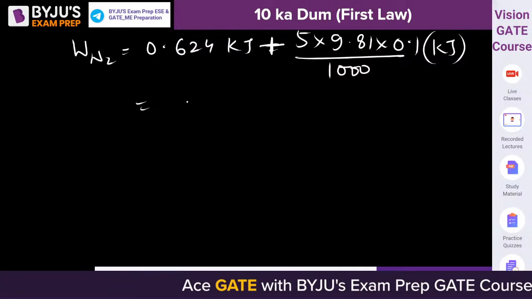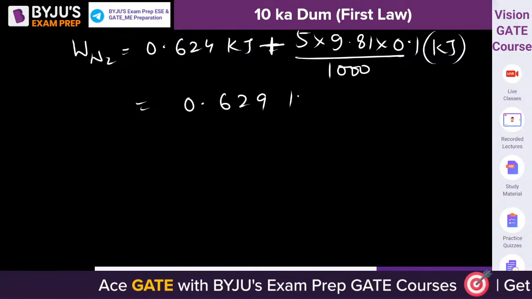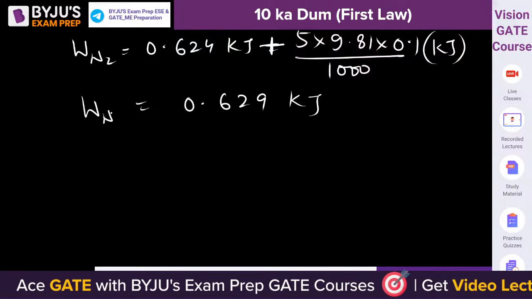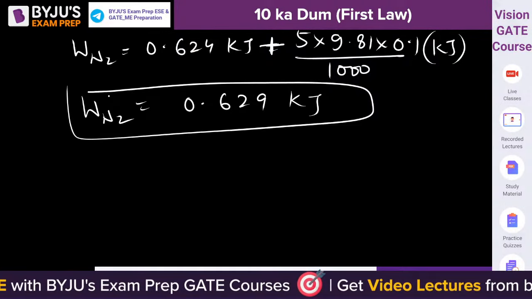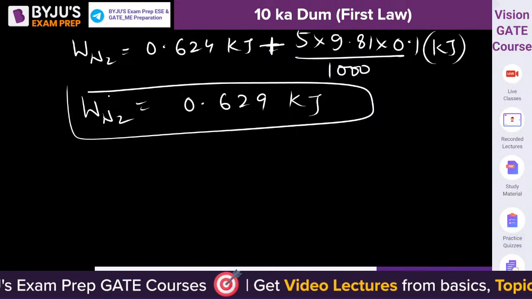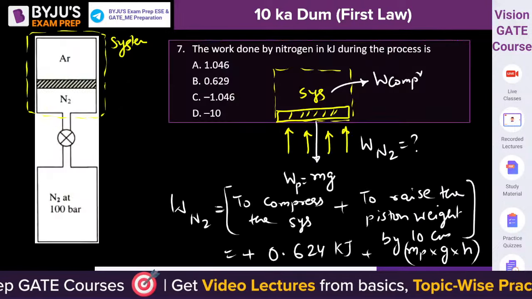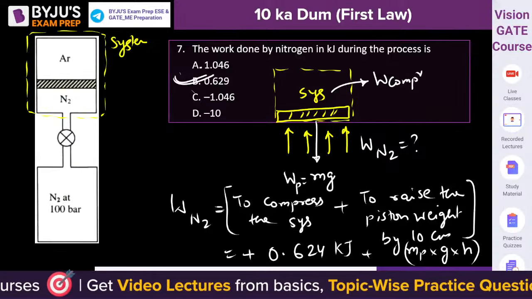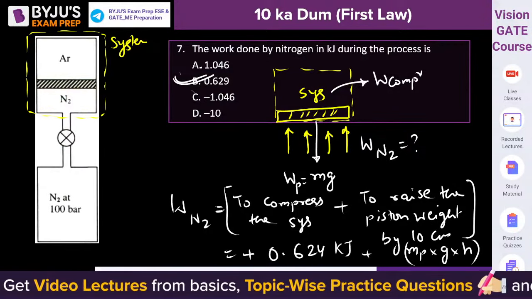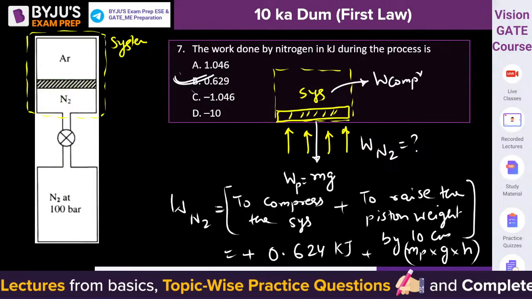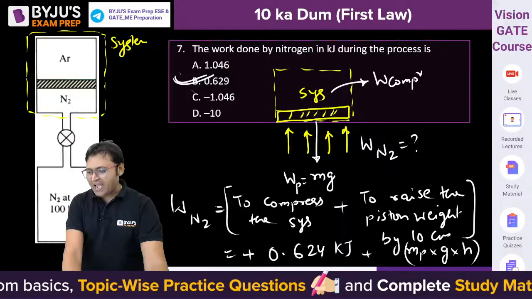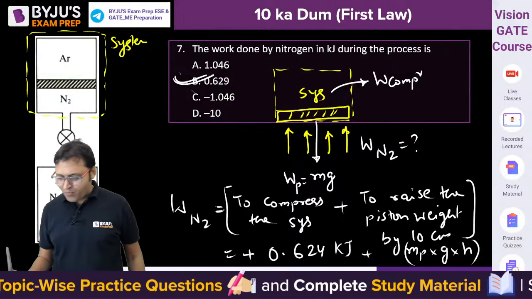So can you get me the answer? 0.629 kilojoule. Are you getting? Work done by the nitrogen will be 0.629 kilojoule. If anybody is having any doubt, anything to ask, you are most welcome.